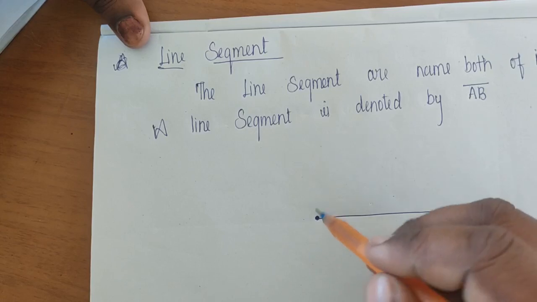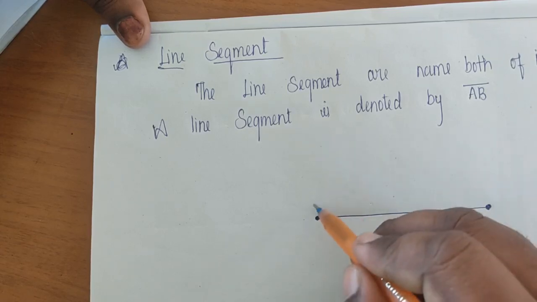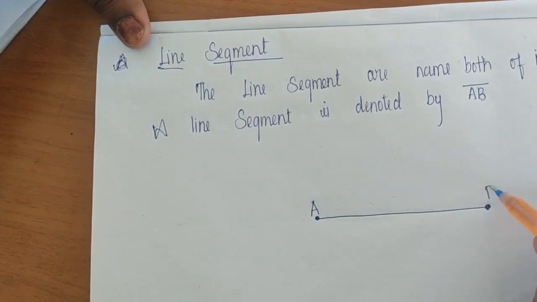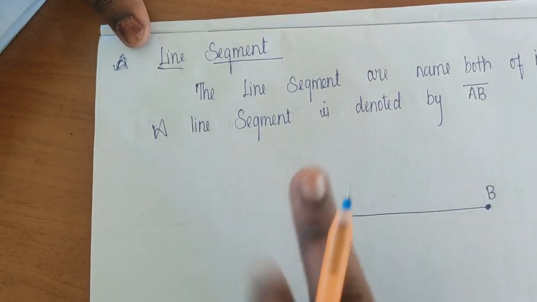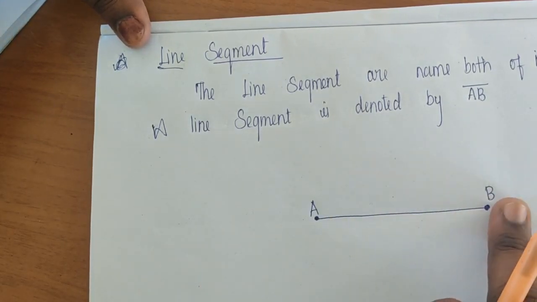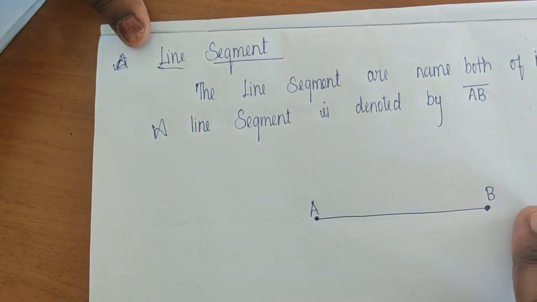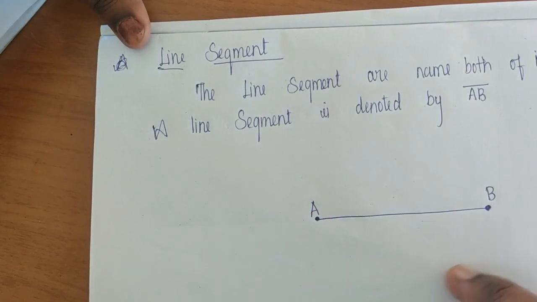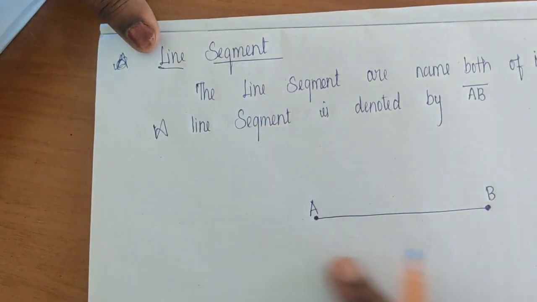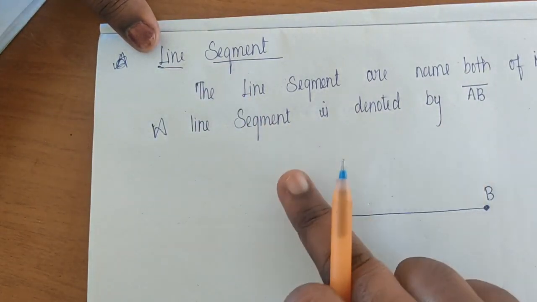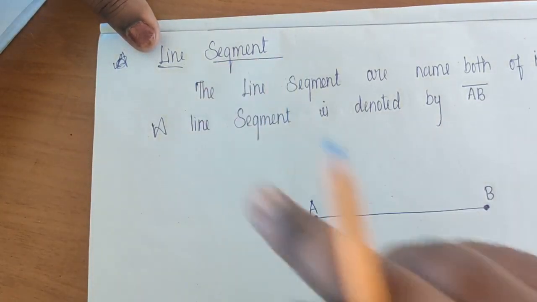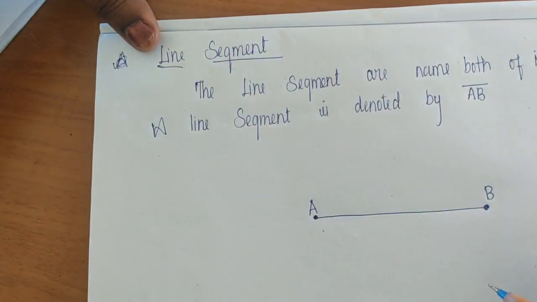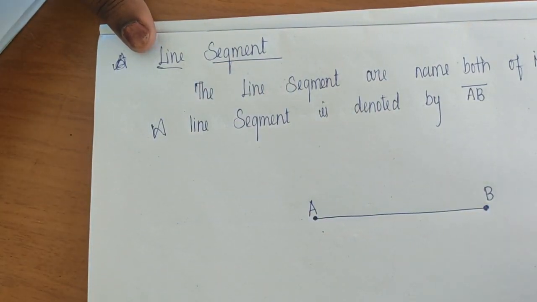So A and B, we choose two capital letters, A and B. This picture is denoted by a line segment. Okay students, can you understand what a line segment is?